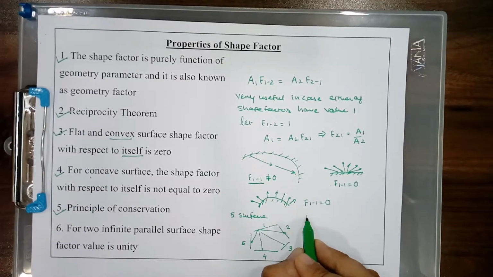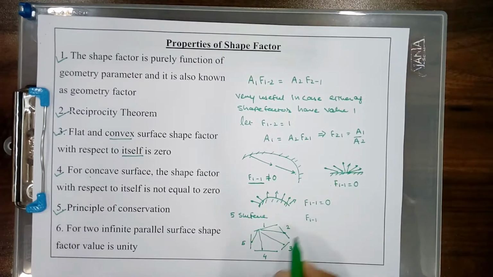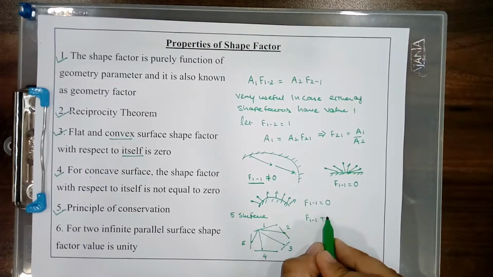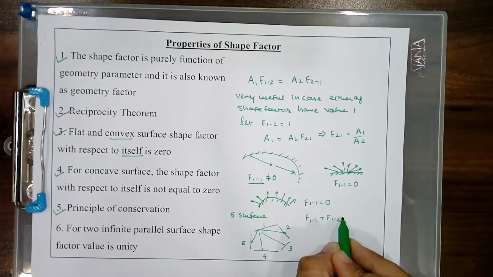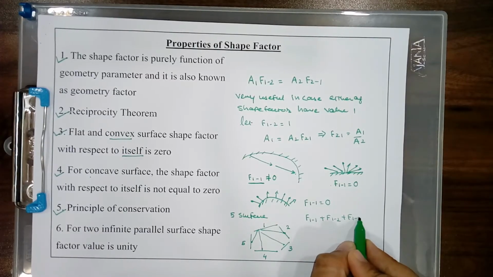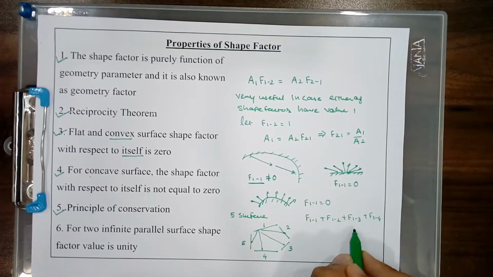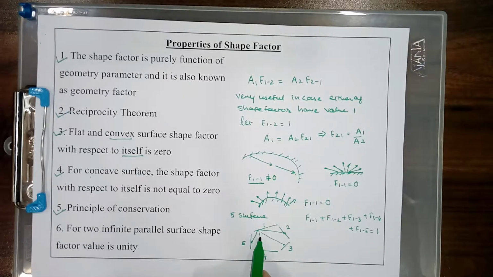So the energy which leaves from surface 1 either goes on the surface itself, or goes to surface 2, or surface 3, or impinges on surface 4 or surface 5, which equals 1. It means the energy emitted from surface 1 either goes on 2, 3, 4, 5 or itself, which becomes 100%.